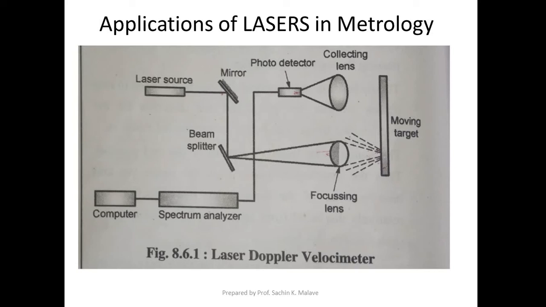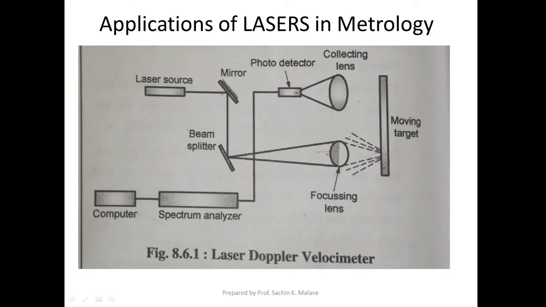Now we know that the change in the frequency of the light is a function of the velocity of this moving object, and the direction. If this object is approaching the lens, then the change in frequency will be different.